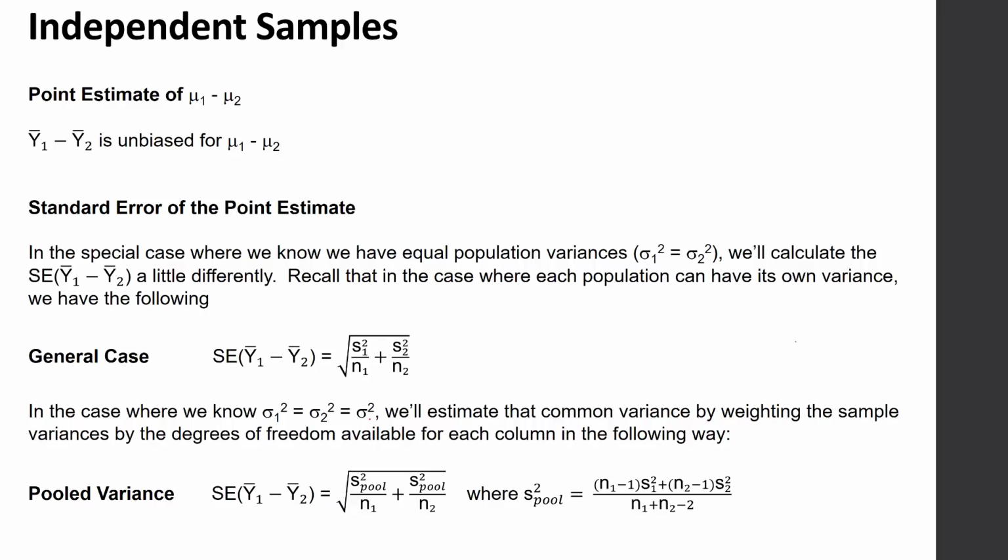In the case that you think you know that the population variances are equal, then you can estimate that common variance by weighting the sample variance by the degrees of freedom available for each column in the following way. So you can take that pooled variance estimator in place of your S1 squared and your S2 squared in the standard error calculation, where that pooled variance estimator is that.